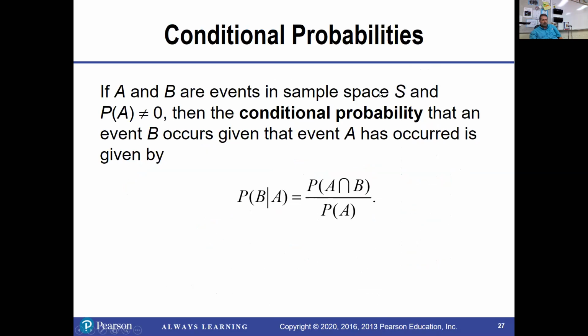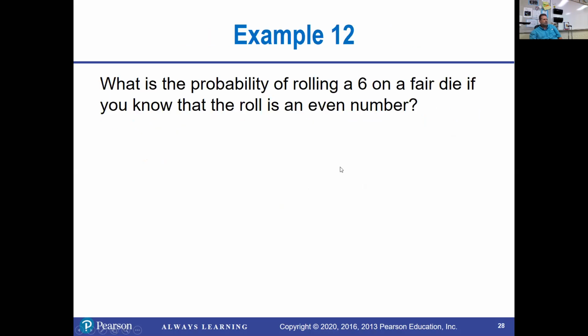Now, the conditional probabilities, okay, if A and B are events in a sample space, and they're conditional, the event B occurs given the event A has occurred already, which is something else has happened, you take the intersection of the probabilities of A and B and divide it by the probability of just A. So, how does that work?